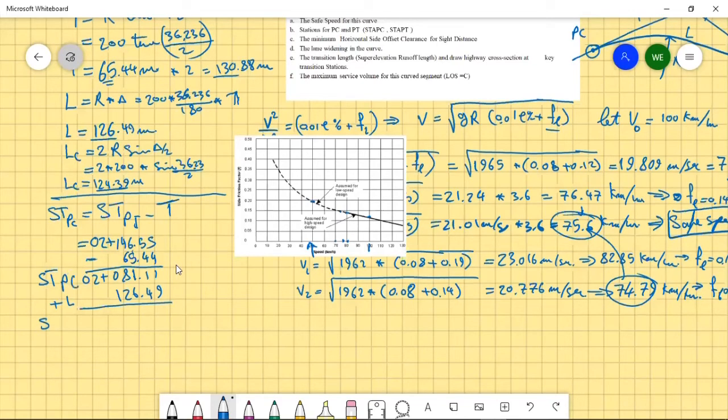So that's the station for the point of tangent. Now the station for the point of tangent is basically the station of the point of curvature plus the length of the curve. Let me remove this so you don't get confused.